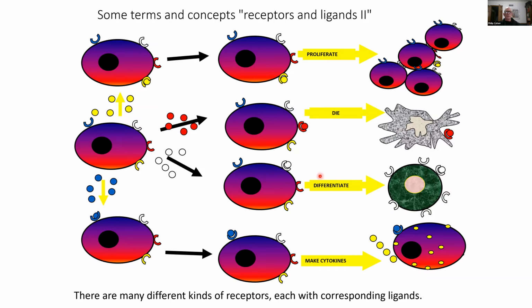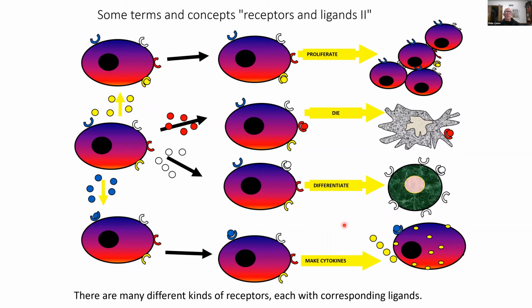Another potential response could be that you could tell the cell to differentiate, which means it could transform itself internally into a cell with different properties. In the immune system, this happens when a B cell, which produces antibodies, finds a receptor that it is specific for, and it differentiates into what's called a plasma cell, which just becomes a factory for producing more and more of the antibodies.